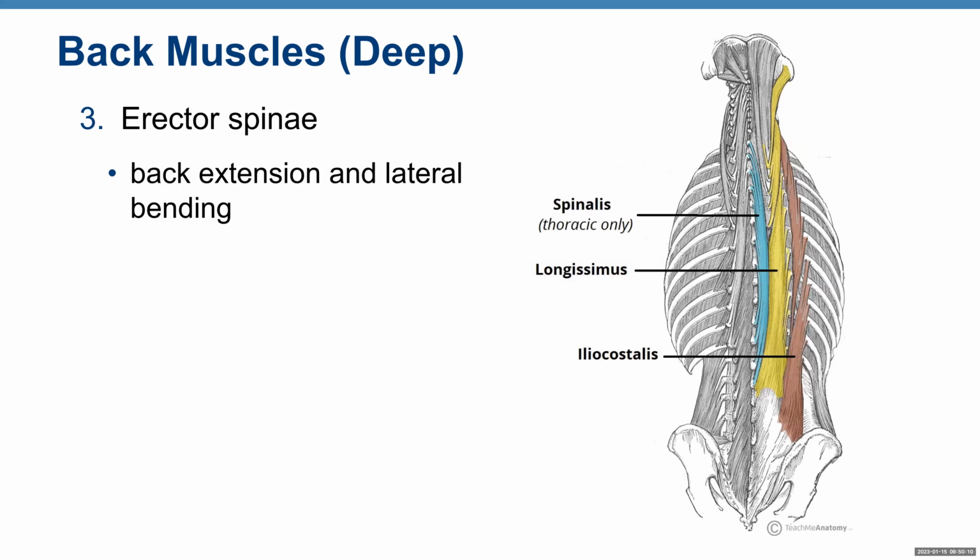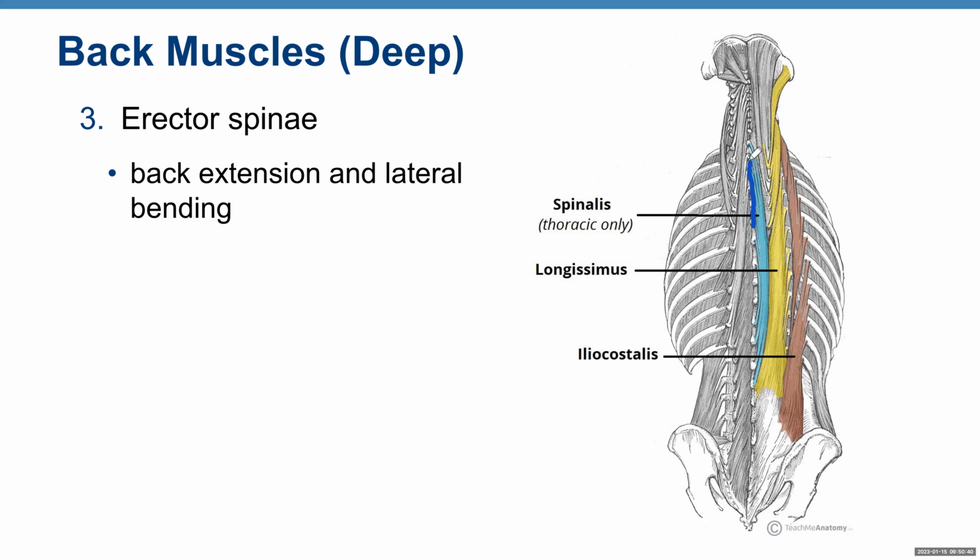Deep back muscles. We have lots of muscles here, but we combine them into a group. The group is called the erector spinae muscles, for back extension and lateral bending. And you can see the three most superficial ones, and we have muscles that are even deeper than those.